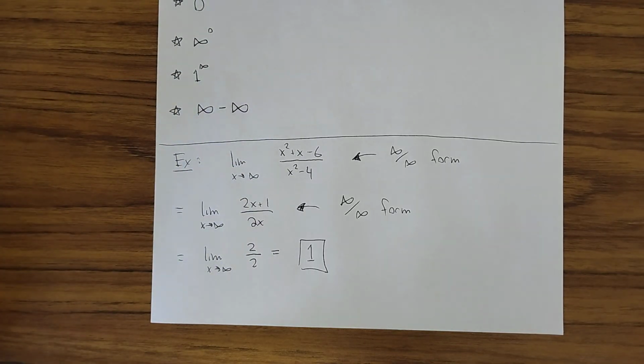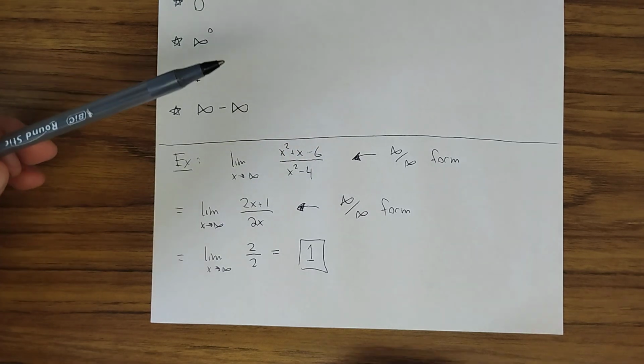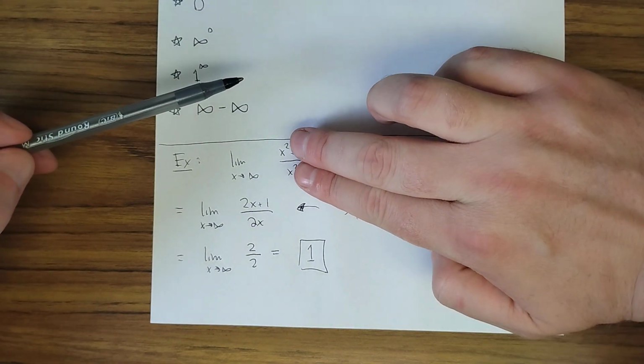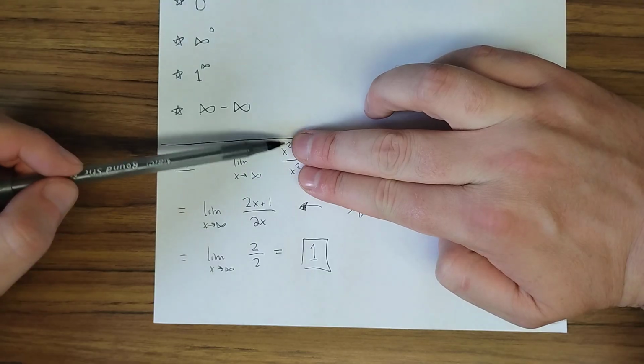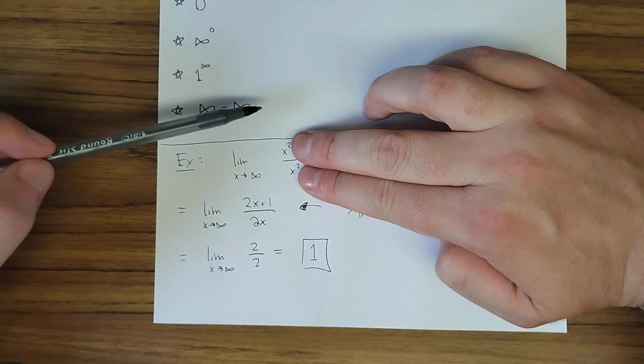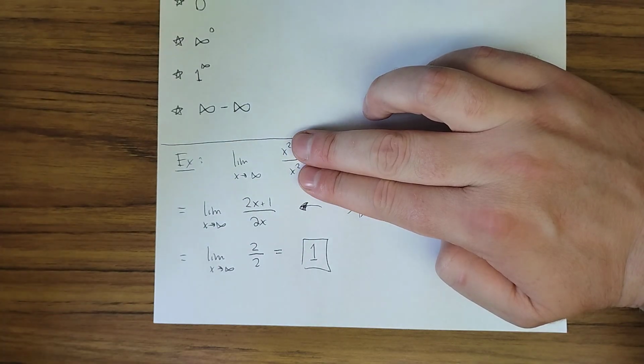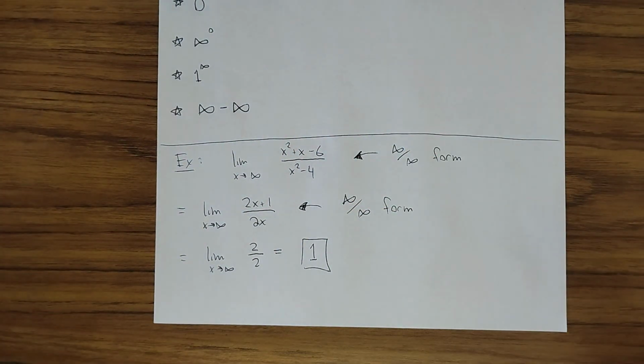Of course, there's a shortcut to do this. If you have a polynomial divided by another polynomial, you can basically ignore everything but the leading term. The leading term is the one with the highest power of x. So if I just look at this as x squared over x squared, of course I'm going to get 1. But the work that I just showed you applies even if it isn't a polynomial.